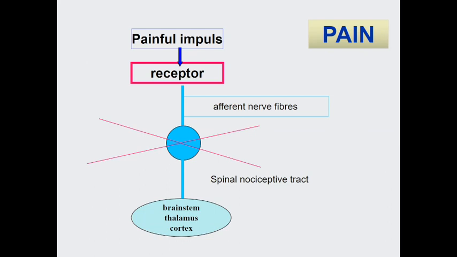This impulse normally causes the movement of a head, a hand, or a body, to run away from the painful stimulus. When you touch a hot iron, immediately we remove the hand. This is the full pain impulse pathway. One way is up to the brain, and the second, efferent, is to our hand, and this is the signal: remove the hand.